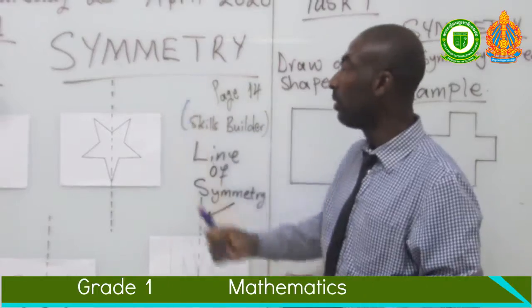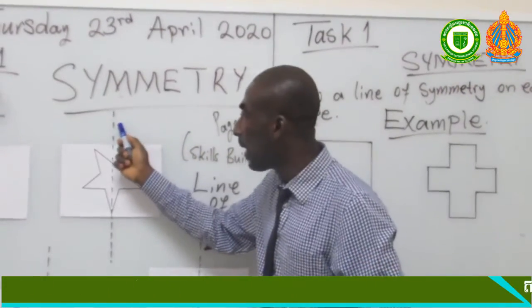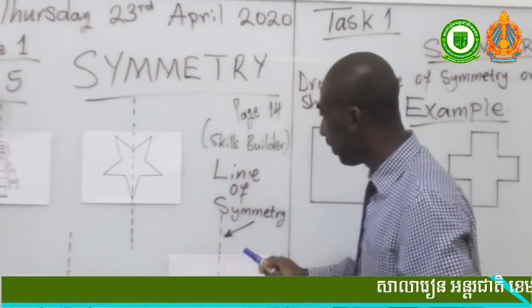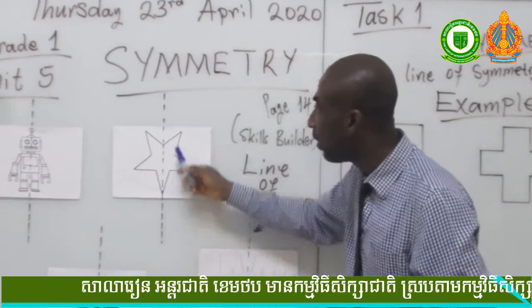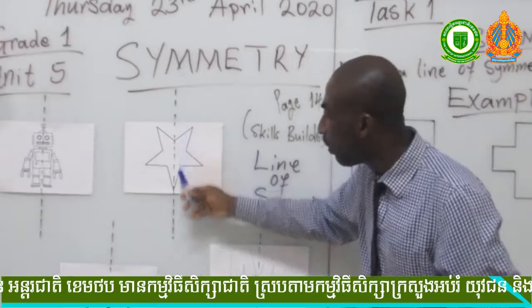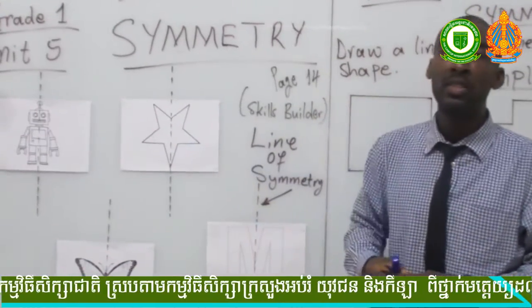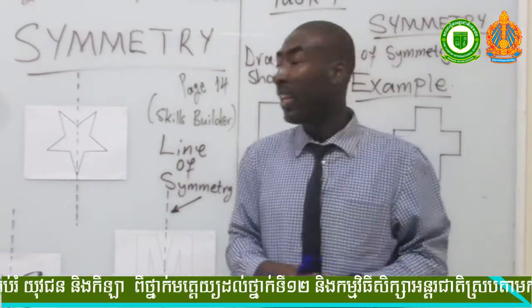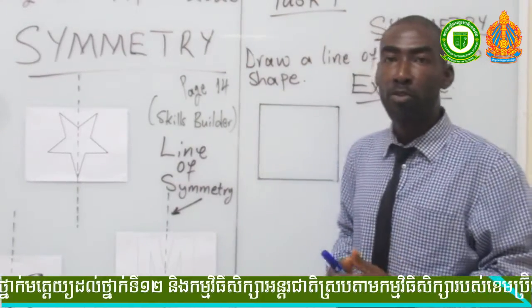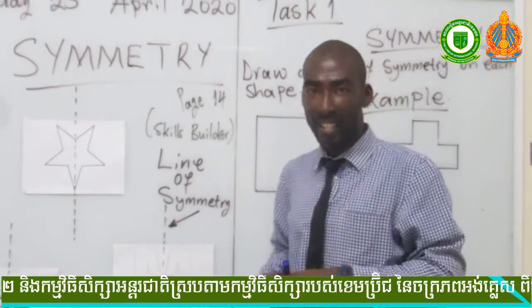So this is our line of symmetry. This is how we make a line to show that we are putting in a line of symmetry on our drawing. I believe you followed this lesson very well, and it's very easy for you to do your first task in this video.